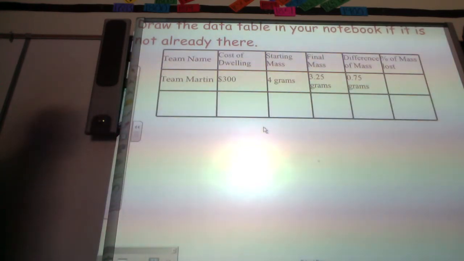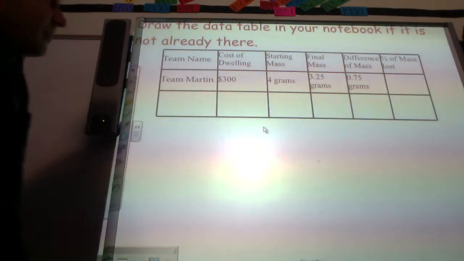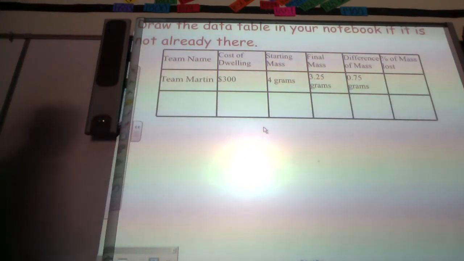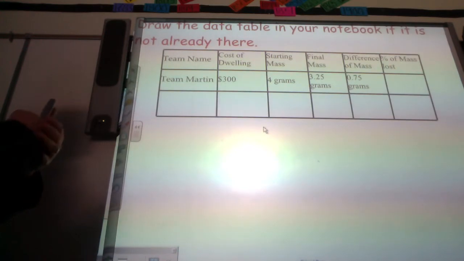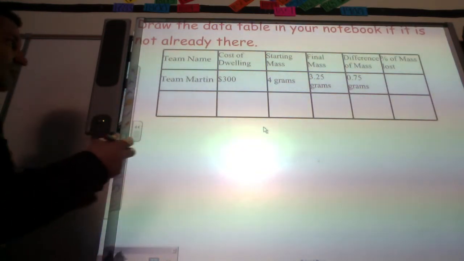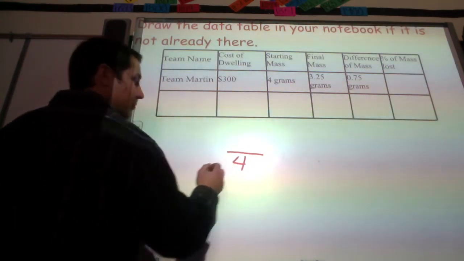So now I need to calculate the percent of mass lost. So what I need to do is take that difference and divide it by my original starting mass of 4 grams. So really what we're looking at is a part to whole relationship. The whole piece in here is my starting mass. I started off with 4 grams.